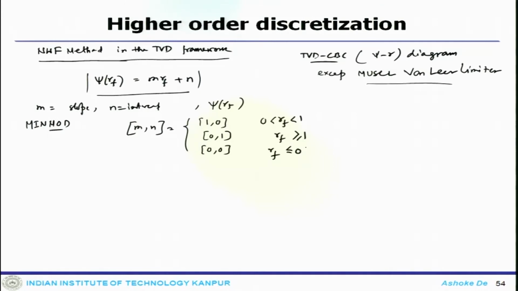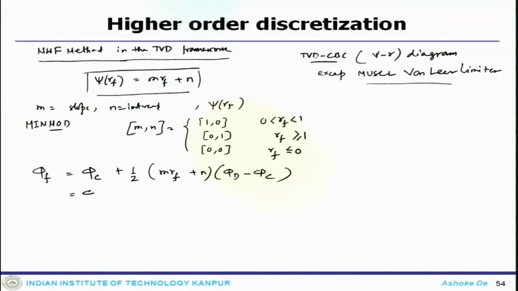Now, once we use this psi RF definition and evaluate the phase value, phi f equals phi c plus half of M RF plus N times phi d minus phi c.